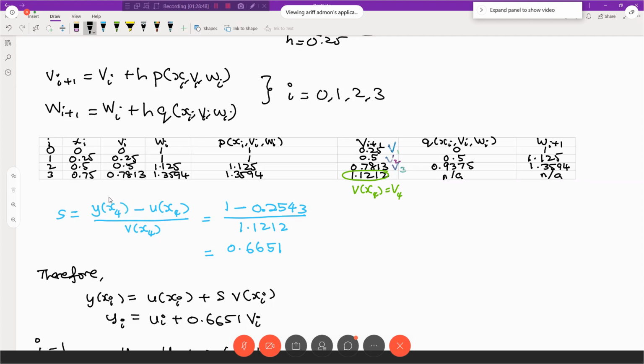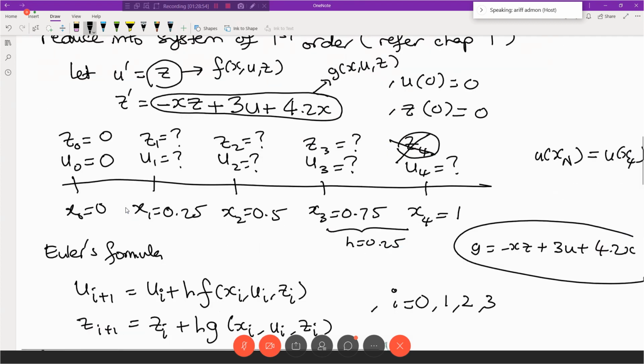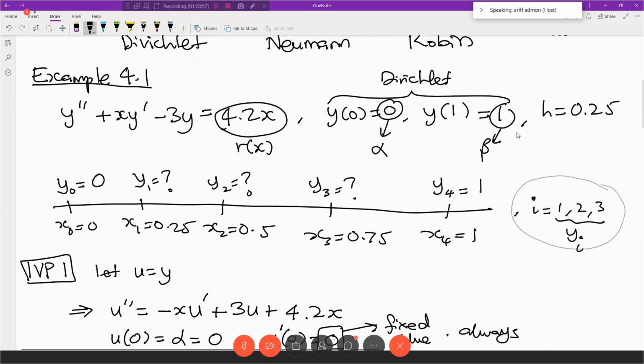Why? Because we don't have any information, any values of y(x3), y(x2), y(x1) from here. We just have the value y0, which is y(x0), and we have y(xn), y(x4). There is no y(x3), y(x2), y(x1) here.